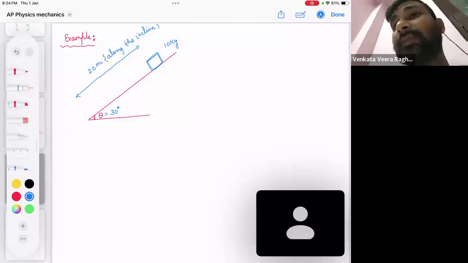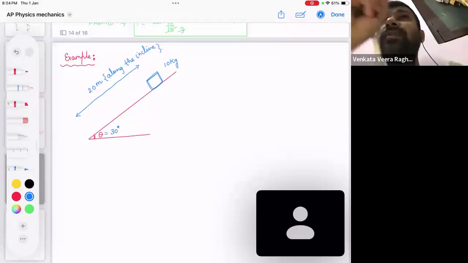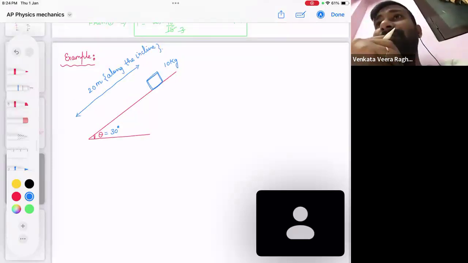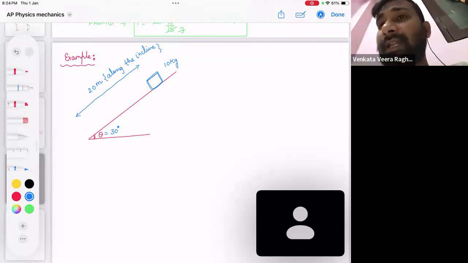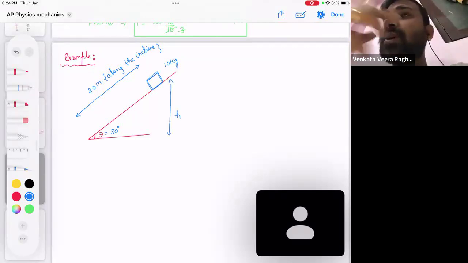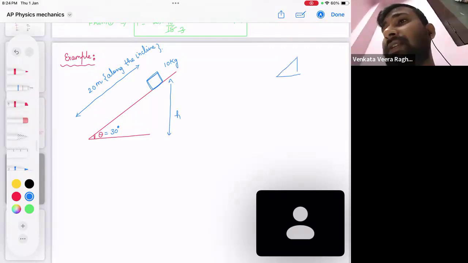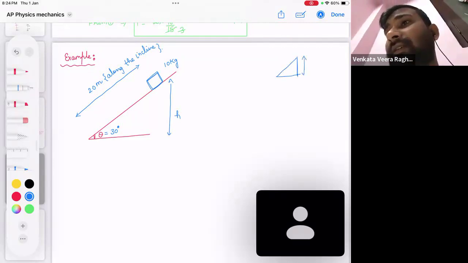Please keep in mind, whenever you get this type of question, sometimes they will give you the length along the incline, and sometimes they will give you the height. If I give you the height, can you convert this height into the length of the incline, using just a right angle triangle? This is H and this is L, and this angle is theta.